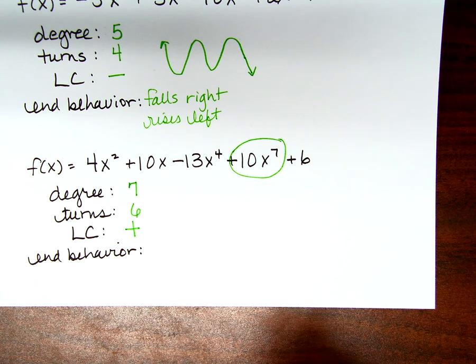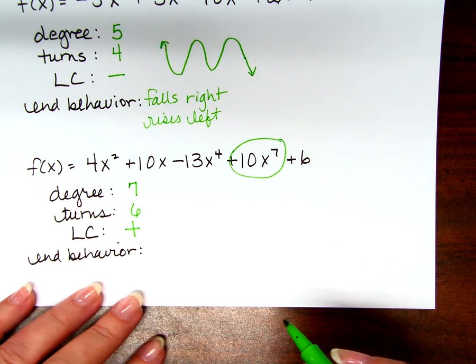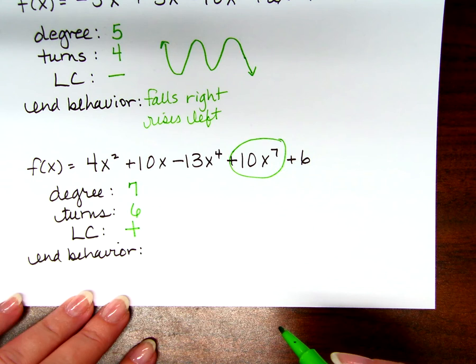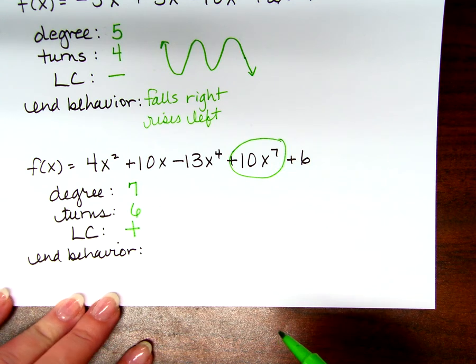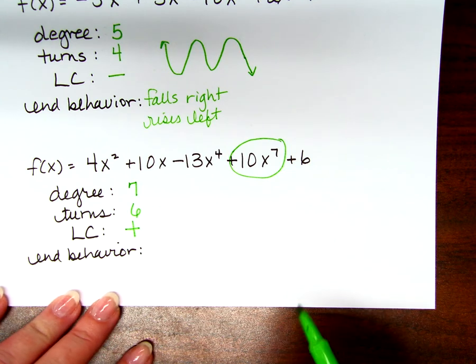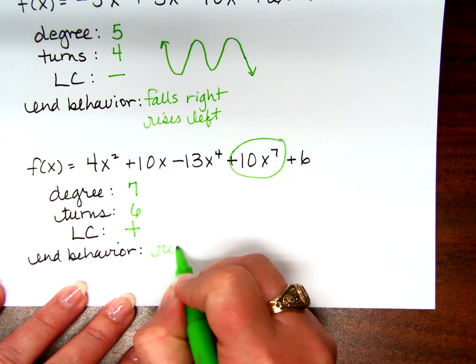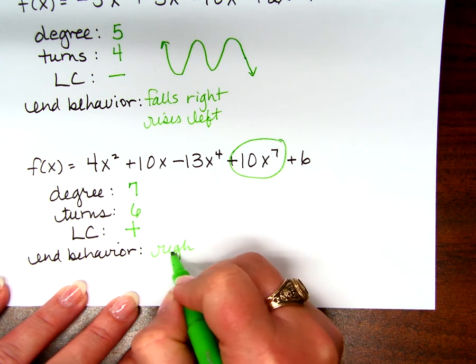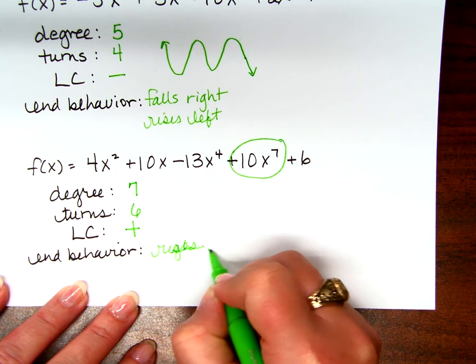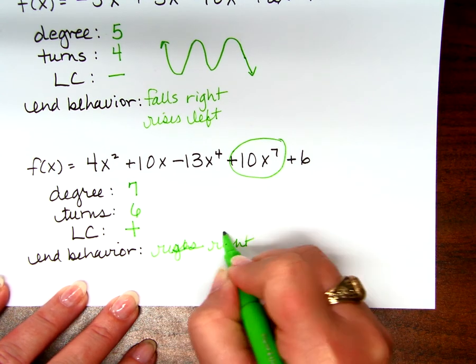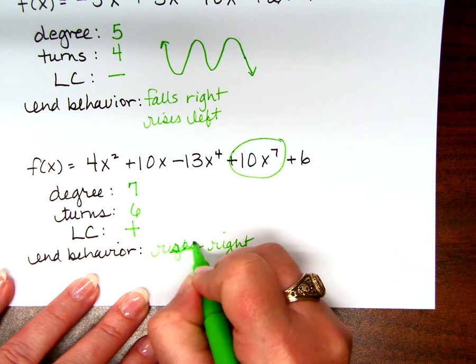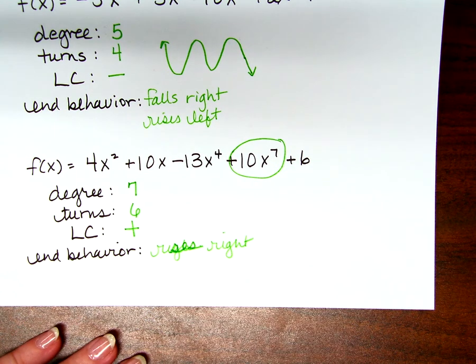So somebody else? End behavior? What do you know? Who hasn't talked yet? Calvin, what you got? Rises right. How do you know it rises right? Whoops. Rises right. Can you read that? Sorry. I started to write right.